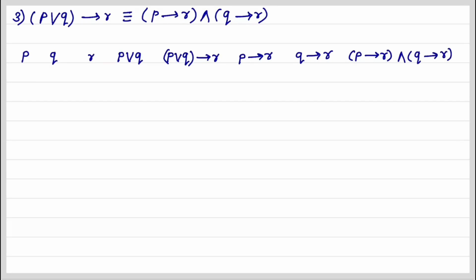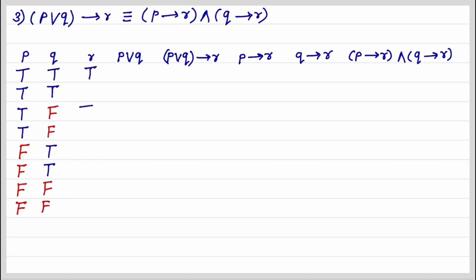As here 3 statements, therefore 8 rows. For P we will take first 4 values true and last 4 values false. For Q, 2 values true, 2 values false, again 2 values true and 2 values false.